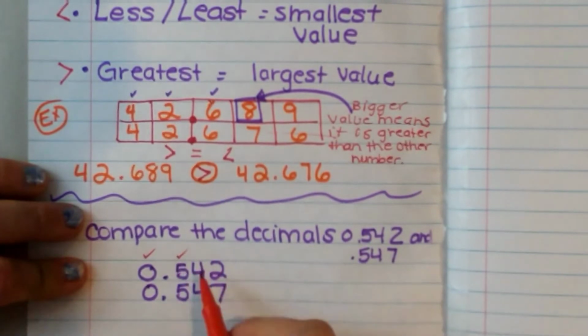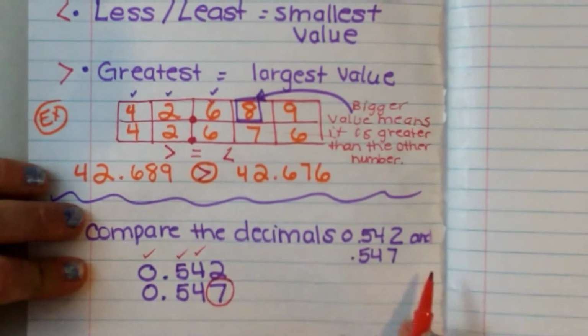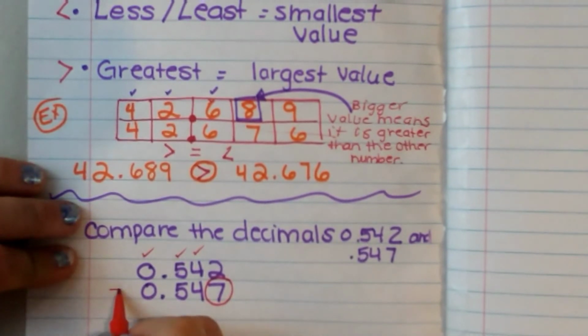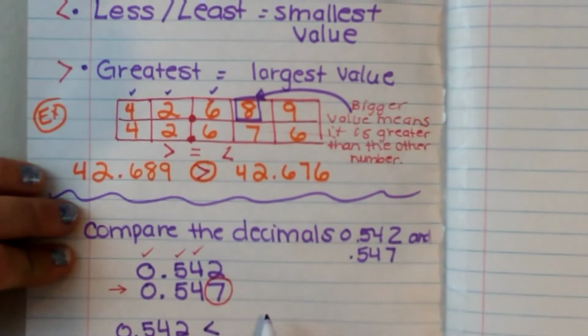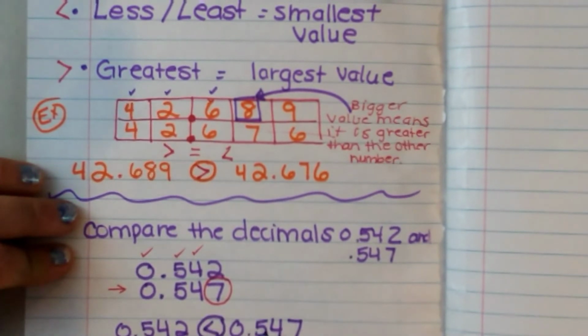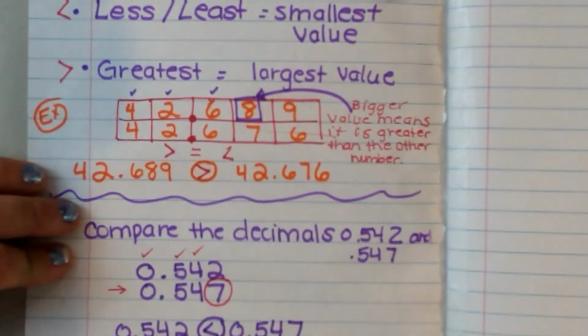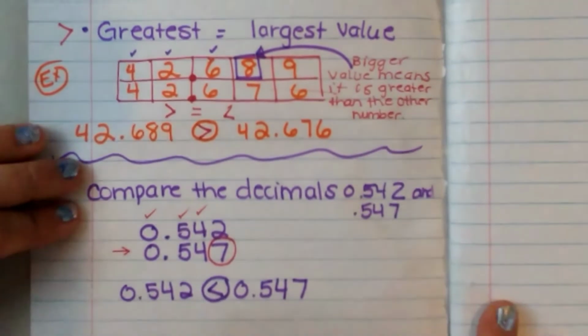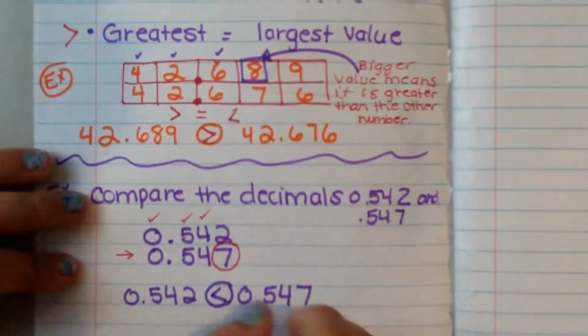They're the same, they're the same, they're the same, they are not. This one's larger, so this number is the larger number. The way I would write it is I would make sure that the opening goes to the larger number. If I had this number on this side, the opening would flip over. So it's always open. When you were younger, they might have said the alligator opens up to the larger number.